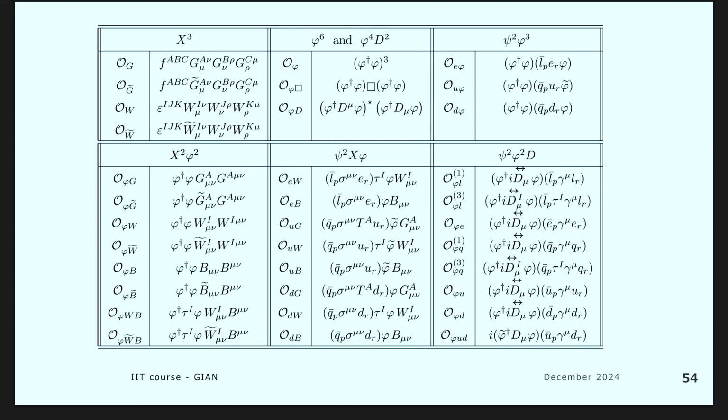Other operators here correspond to those that would alter the neutron electric dipole moment. They violate CP, such as this one here at the bottom and this one here in the middle. Especially this one would contribute to the neutron dipole moment.